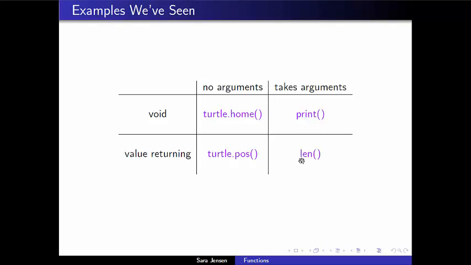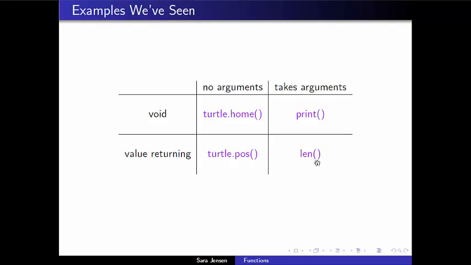Last but not least, the length function in Python is a good example of a function that both takes in arguments and returns values to us. If we're going to take the length of something, the length of what is our argument? And there is a value that is returned to us. What is returned to us is built right into the name.